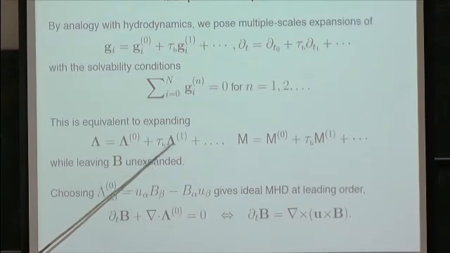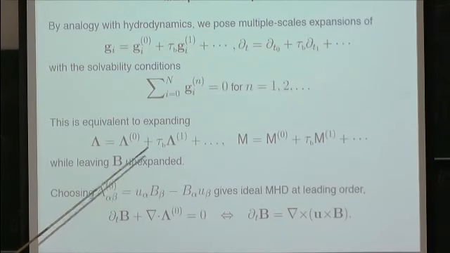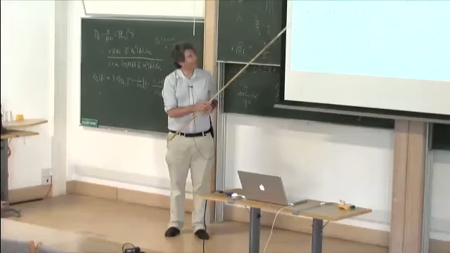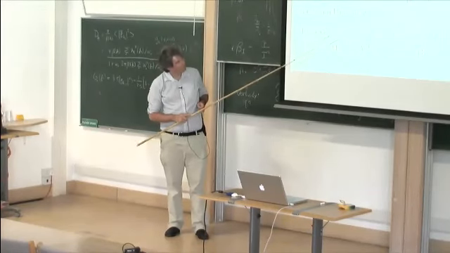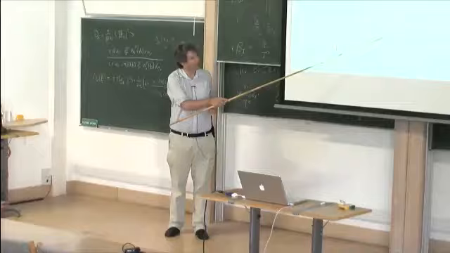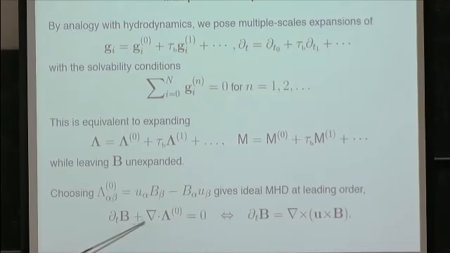Equivalently, I expand the lambda and the m tensors as series in collision time, but I leave B unexpanded. I'm going to choose my lambda 0 to be UB minus BU, and I stuff that in at leading order. I get ideal MHD.